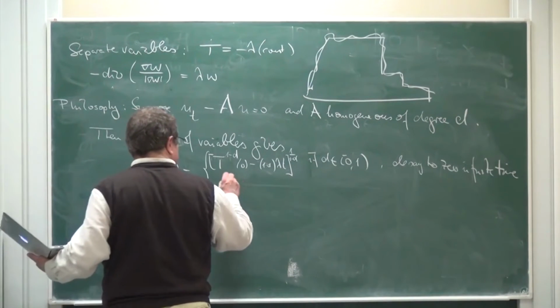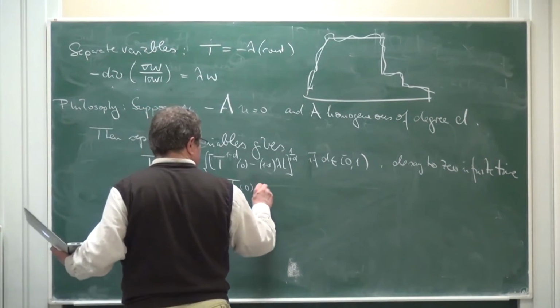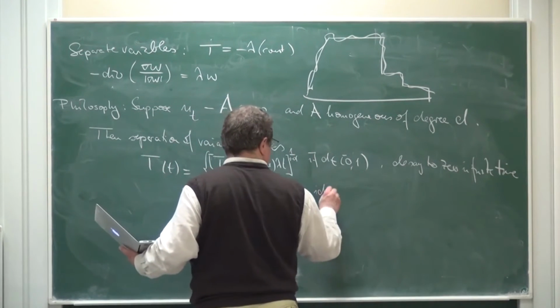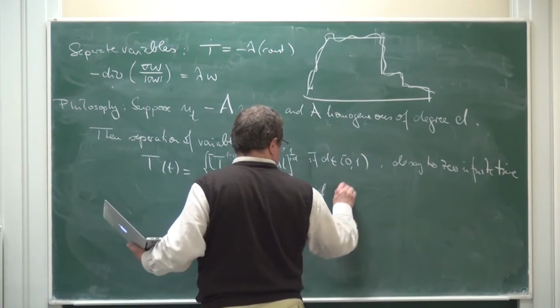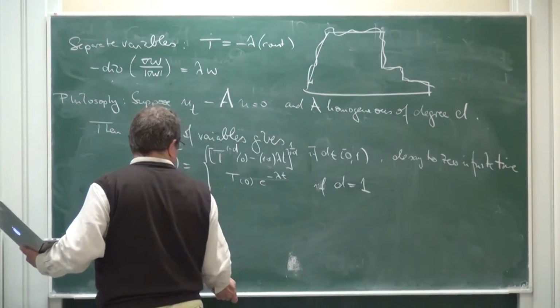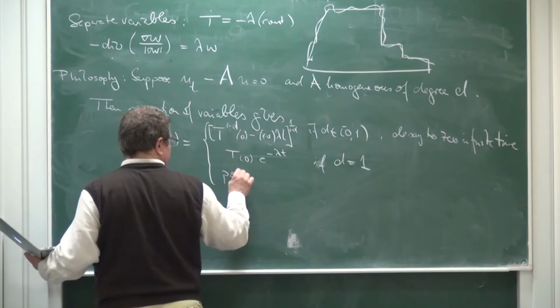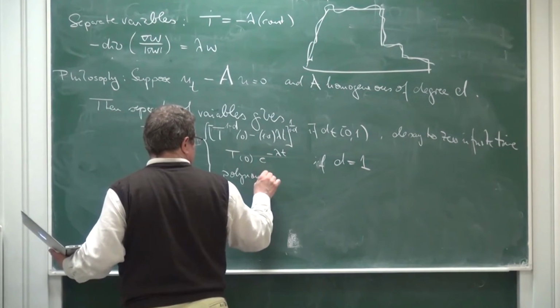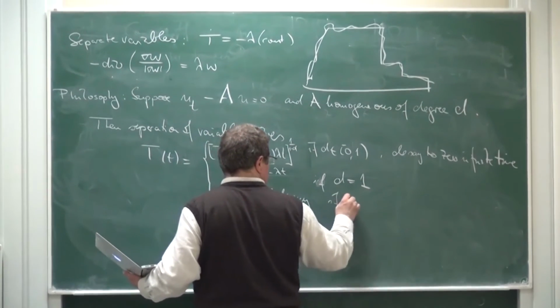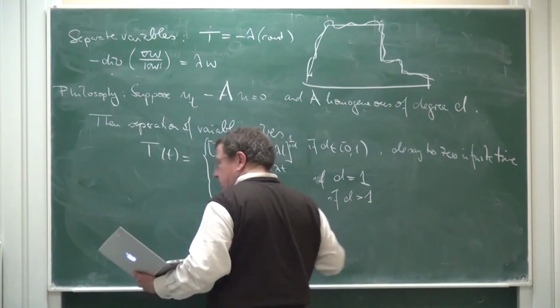It behaves like T0 times e to the minus lambda t if d is equal to 1, and there is polynomial decay if d is greater than 1.